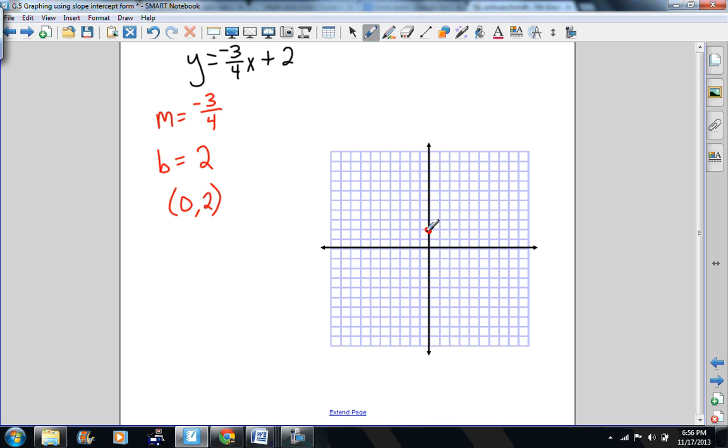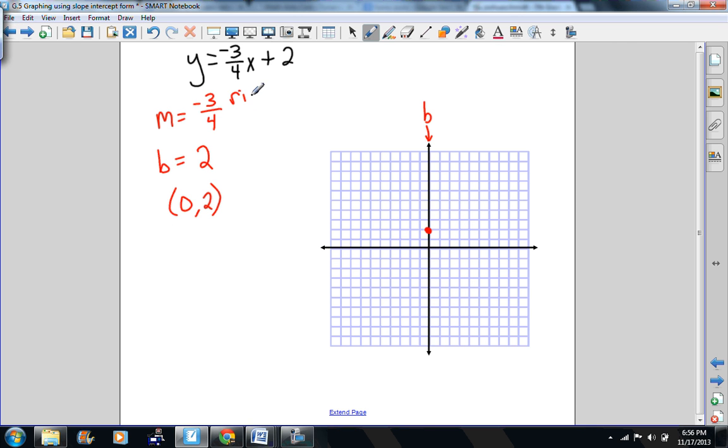Now, please, please, please listen to this. Your b value will always be on your y-intercept, okay? I've seen people so many times put their b value right there, and that is not correct, okay? Your b value is always, always, always on the y-intercept. So we have our b value here.